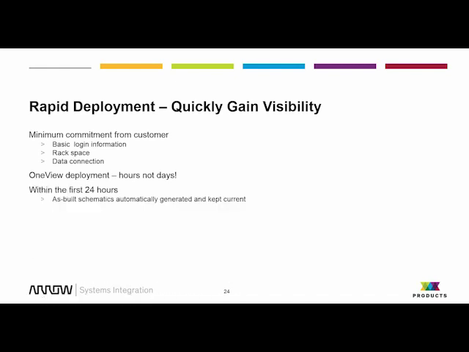Within the first 24 hours, we had as-built schematics automatically generated, and this is not a one-time event. These schematics are generated and then they are kept updated so that as changes are made to your system, you have a catalog of all the system changes and the schematics associated with them.